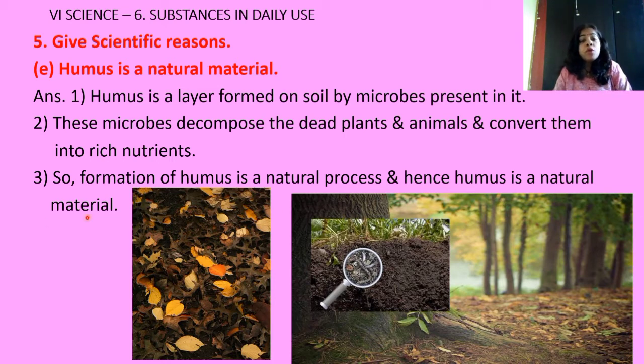So, children, who is making humus? These microorganisms present in the soil are converting the dead plants and animals which fall on the soil into nutrients. So, humus is a natural material because it is formed by a natural process with the help of microorganisms.